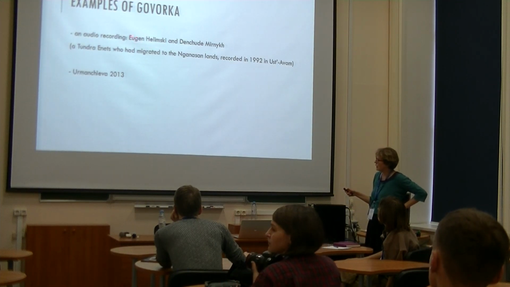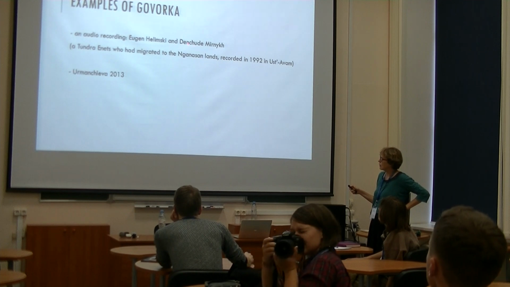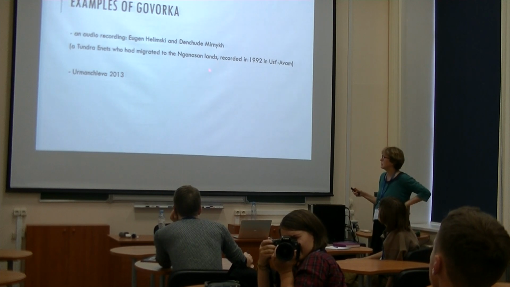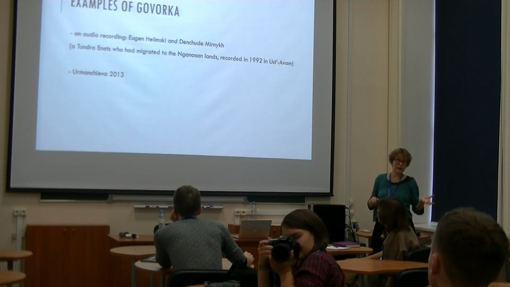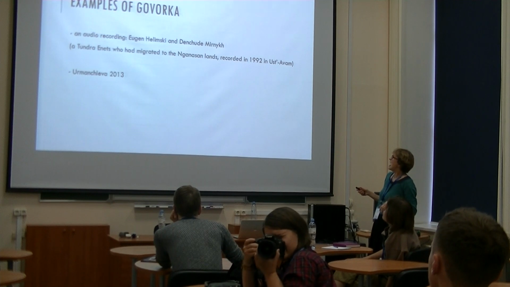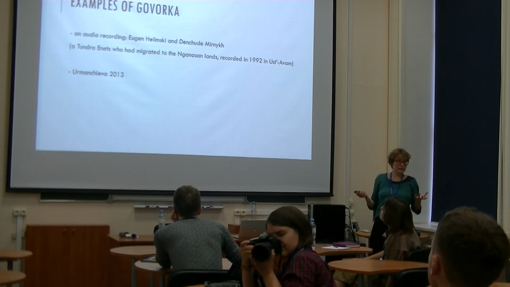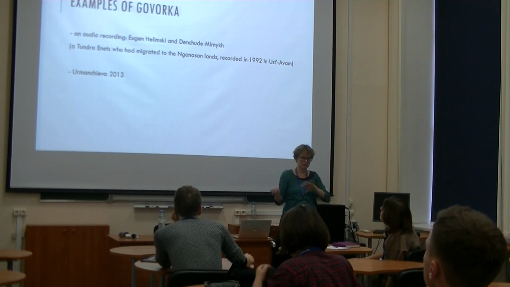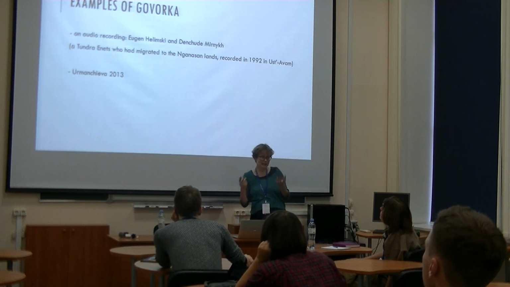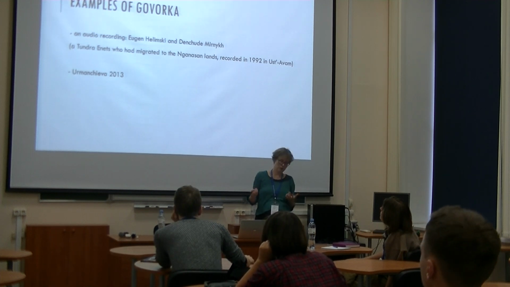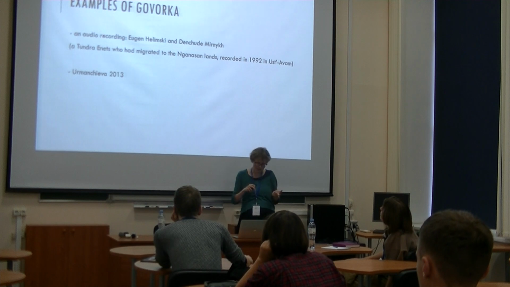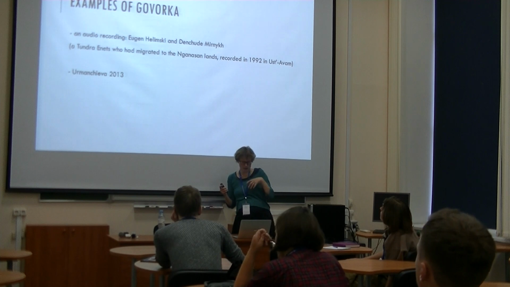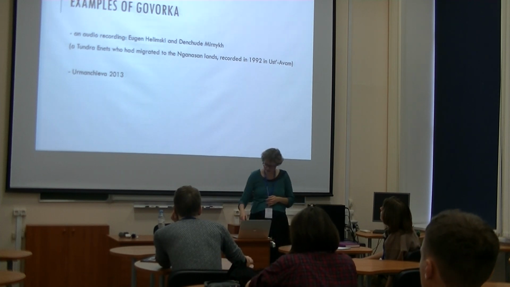This recording was made by Eugene Helimsky with someone called Tajmyrian, a Tundra Nenets who had migrated to the Nganasan lands and spoke Tundra Nenets and Nganasan perfectly. In 1992, so quite recently, he was recorded, and he told the story first in either Nganasan or Tundra Nenets, then in the other language. Then he was asked by Eugene Helimsky to tell the same story in Russian. You will hear him telling the story, then some questions by Eugene Helimsky, and then he will continue.